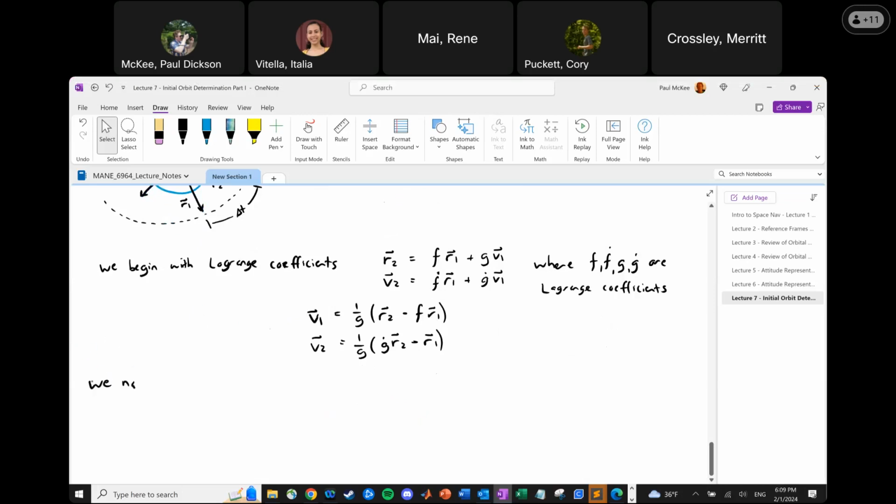We now introduce a kind of one-off character, something called universal anomaly, which we're going to give the letter chi. It looks like an X, which is valid because we don't necessarily know whether this is an ellipse or a parabola, or ellipse or a hyperbola, for closed and open orbits.